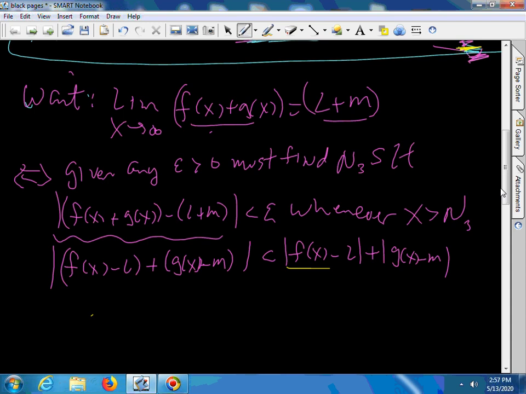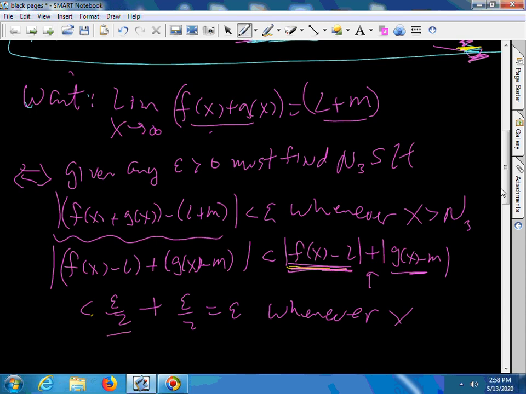Well, let me try to take this: this here is less than epsilon over 2 plus this here is less than epsilon over 2. So the sum is less than epsilon over 2 plus epsilon over 2, which is epsilon. But this is true whenever x is bigger than n.